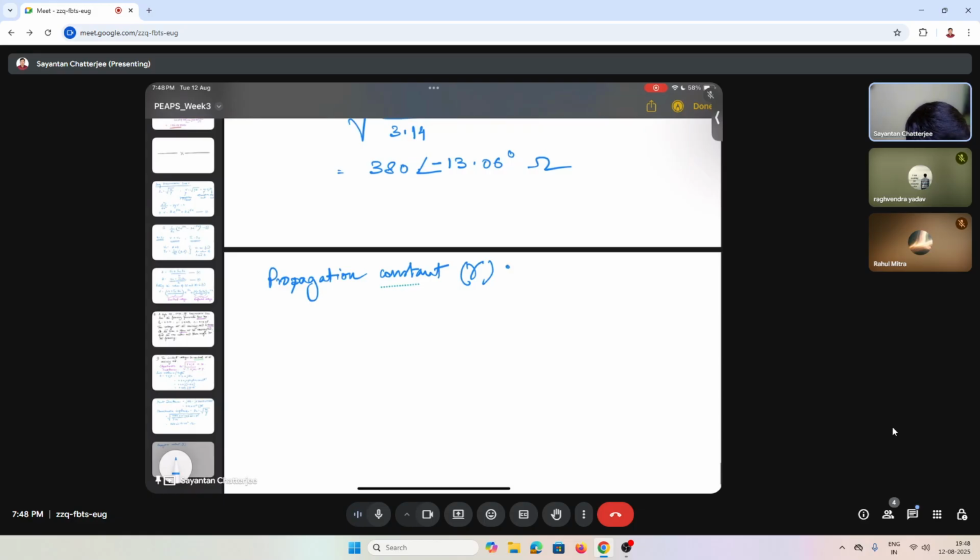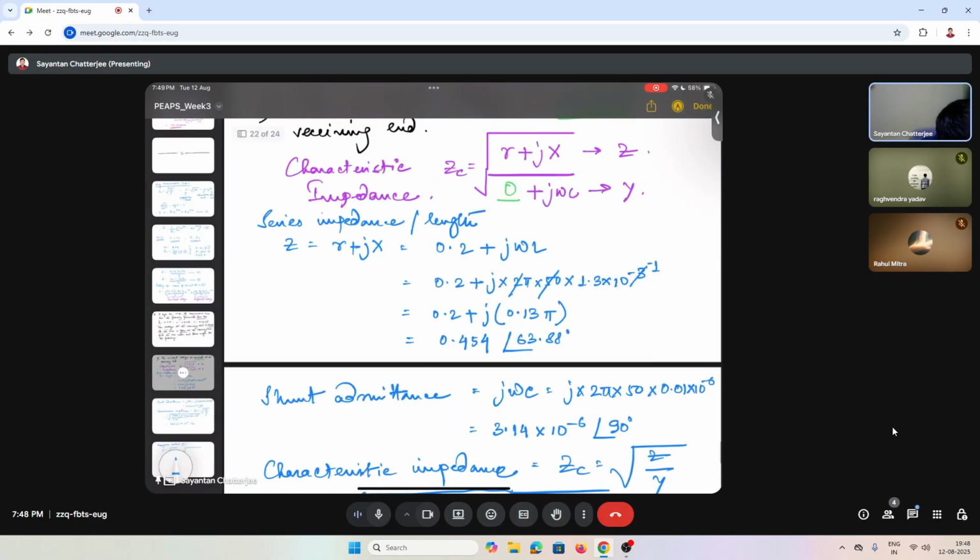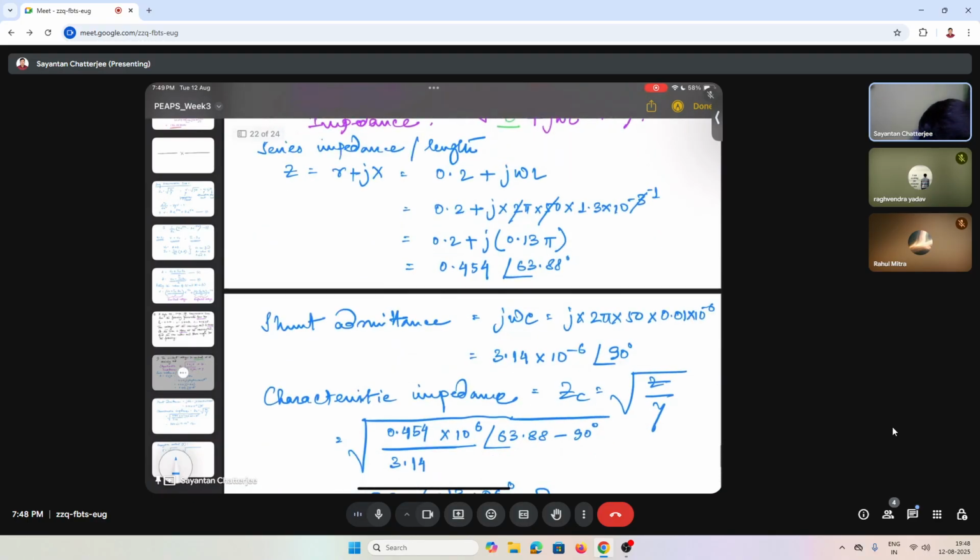Propagation constant gamma will be root under yz. So yz values, just plug in those values. Y and z value. Y value is this one.